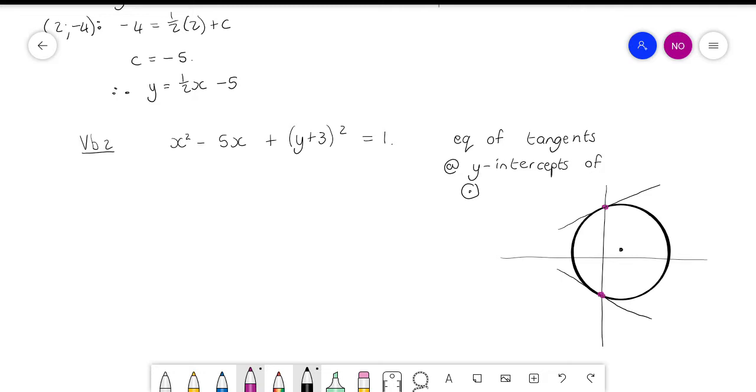But let's start by getting some more information about our circle. We don't have the midpoint of the circle, or we have the y value of the midpoint of the circle, but we don't have the x value of the midpoint of the circle. So hoe kan ons hom kry? We first have to complete the square. Do you guys see that?